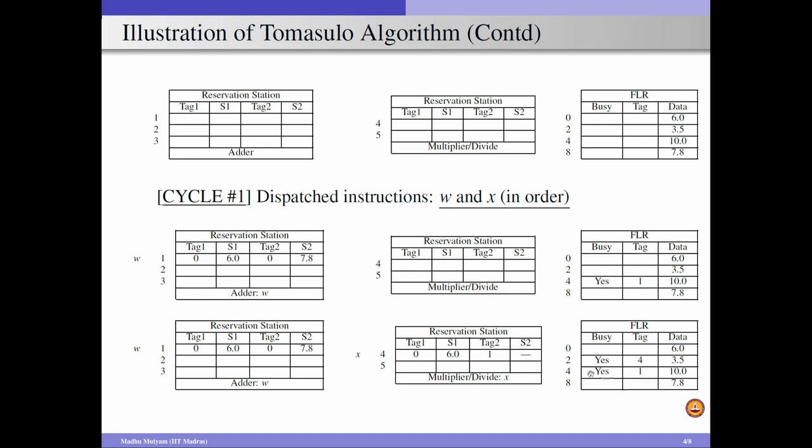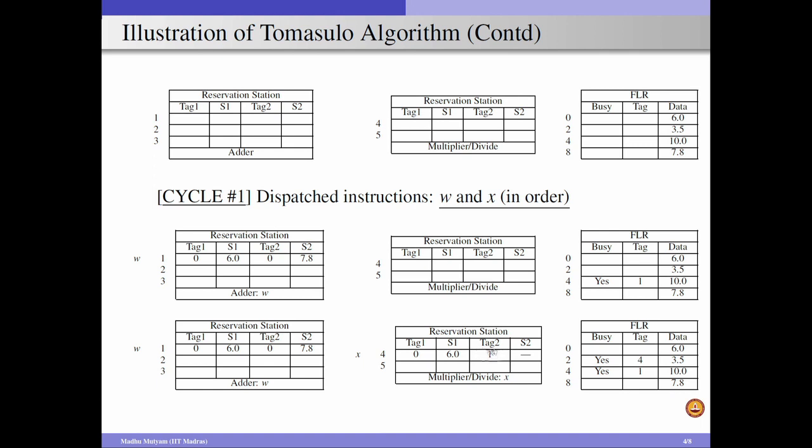That is indicated by this busy bit, and it also says that the instruction that is stored in reservation station entry 1 will produce this value. So, as a result, we supply this 1 to the tag of reservation station entry 4.